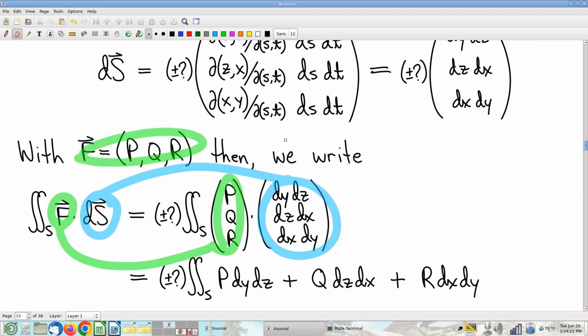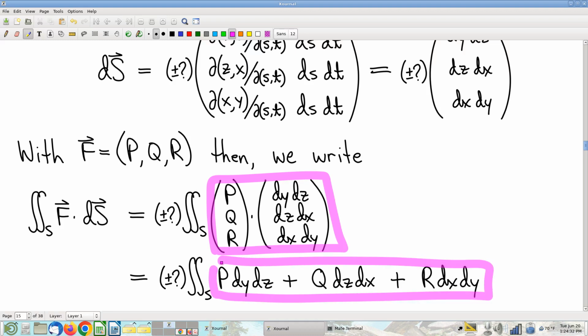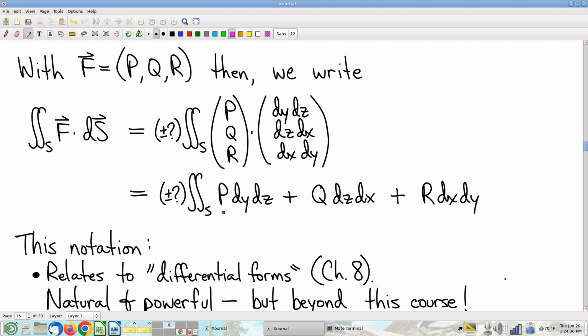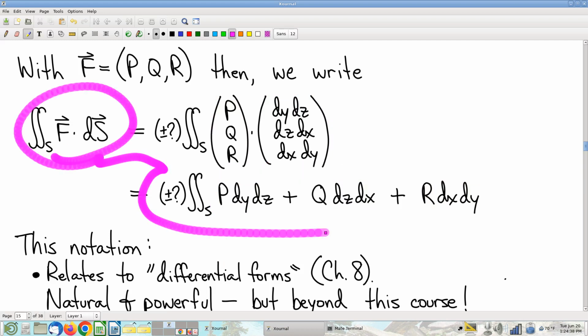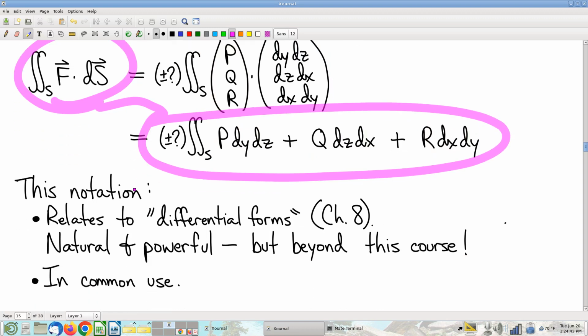The reasonable notation that a lot of people really like is to write out that dot product like so, and thus consider this as an alternative notation for a vector surface integral. And this is what we call a coordinate surface integral. This is an alternative notation for a vector surface integral.